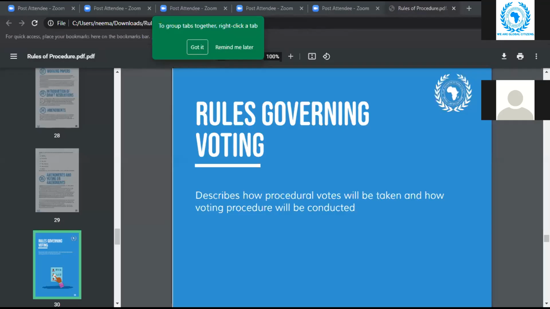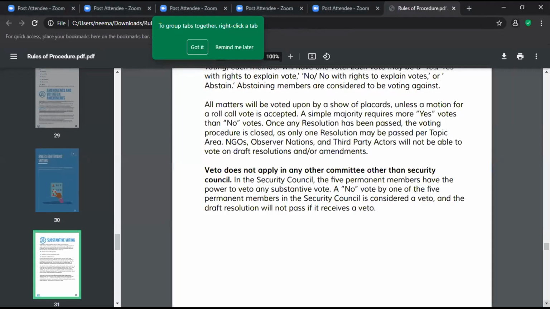If there are no such motions, the committee... NGOs, observer to veto to cancel made. For example, when votes no, the draft resolution will not be passed, and the permanent members have the power to veto.